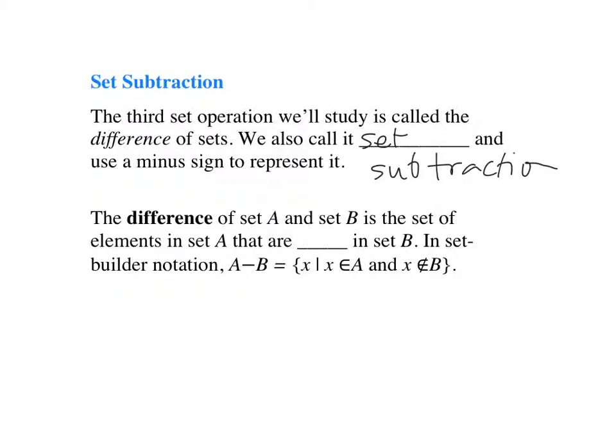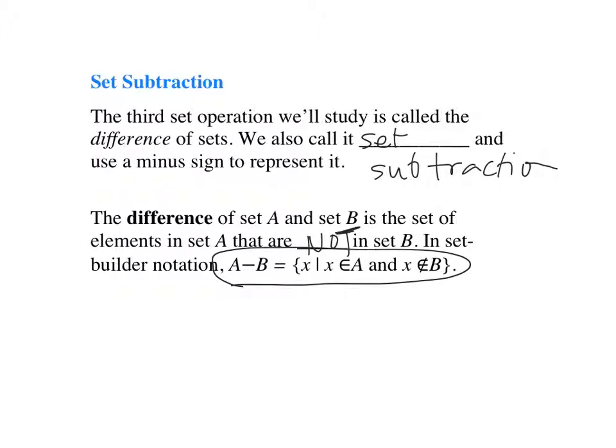And just like in math, we use a minus sign, and that expresses the difference between 2 sets. So whatever is in set A, but is not in set B, that's called the difference, right? And the way we write them is just like this.